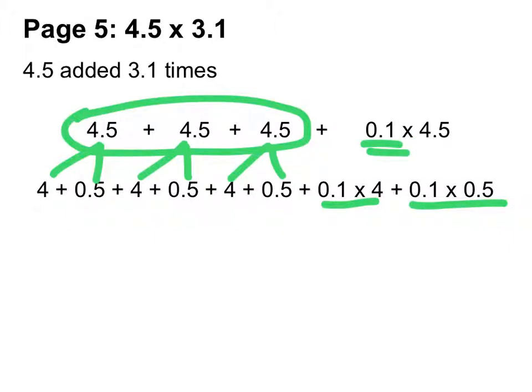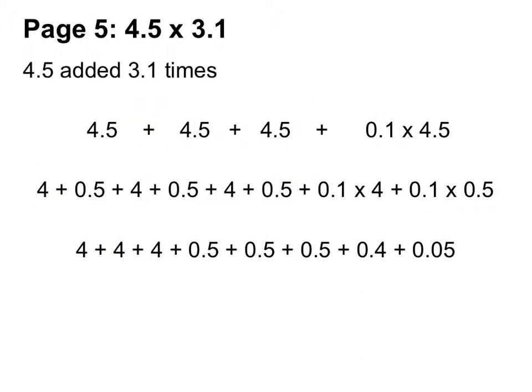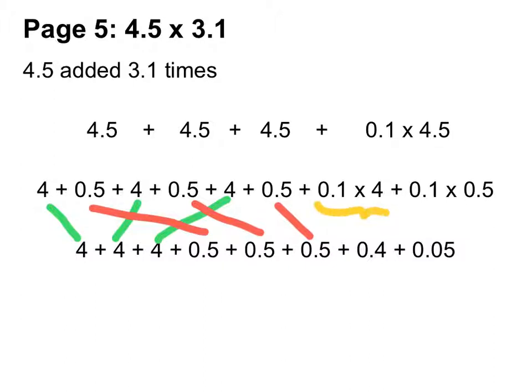Then in the next step, I broke it up even more. And then it's addition, so I'm going to rearrange it. So don't make these two lines look confusing. All right, follow it. This 4, this 4, this 4. And then I put the 0.5, the 0.5, and the 0.5. And then over here, I did these little multiplications. So 1/10 times 4 gives me 4/10.